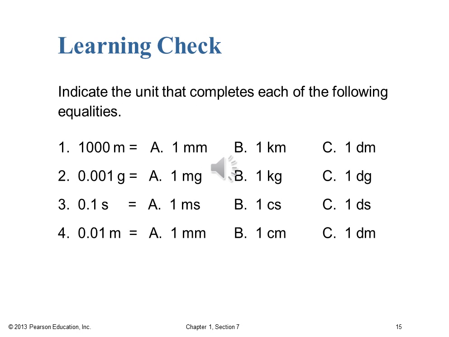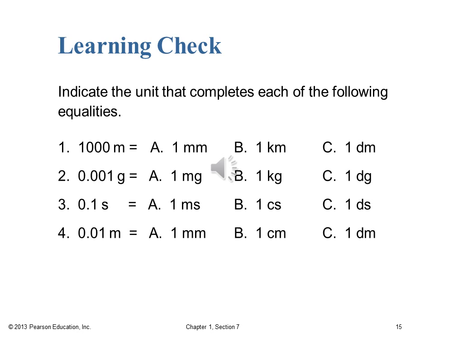Alright, so let's follow up with a learning check, as we often do toward the end of each of these videos. For this particular learning check, indicate the unit that completes each of the following equalities. So number 1, 1,000 meters equals A, 1 millimeter, B, 1 kilometer, or C, 1 decimeter. Number 2, 0.001 grams equals 1 milligram, 1 kilogram, or 1 decigram.